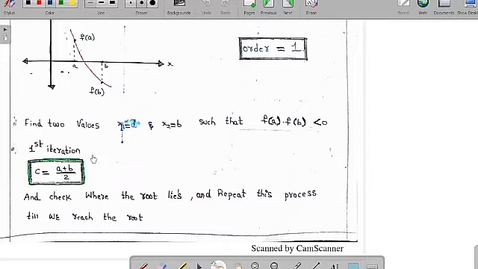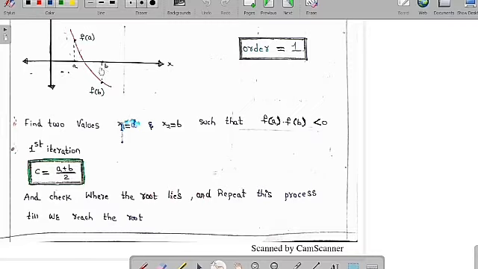Suppose now you have taken the midpoint of a and b, and let me assume c is at this point. Now f of a is positive and f of c is also positive, so a root cannot lie between them, because it has to satisfy the property that f of a into f of c should be less than 0, but it does not satisfy.